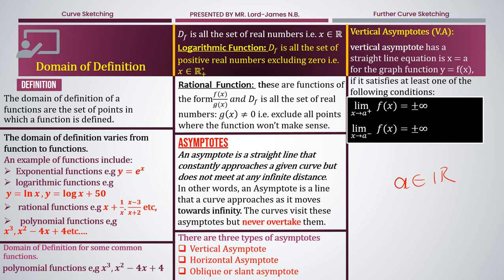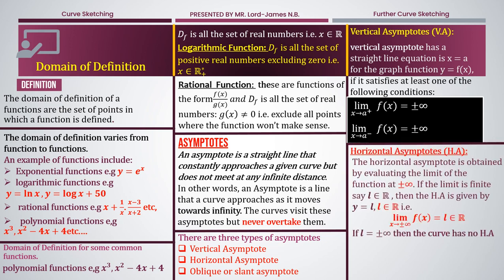It definitely tells you that the function cannot be defined at that point. So it is not a living point for that function. That particular point a becomes an asymptote to that curve, and the special name given to it is the vertical asymptote.